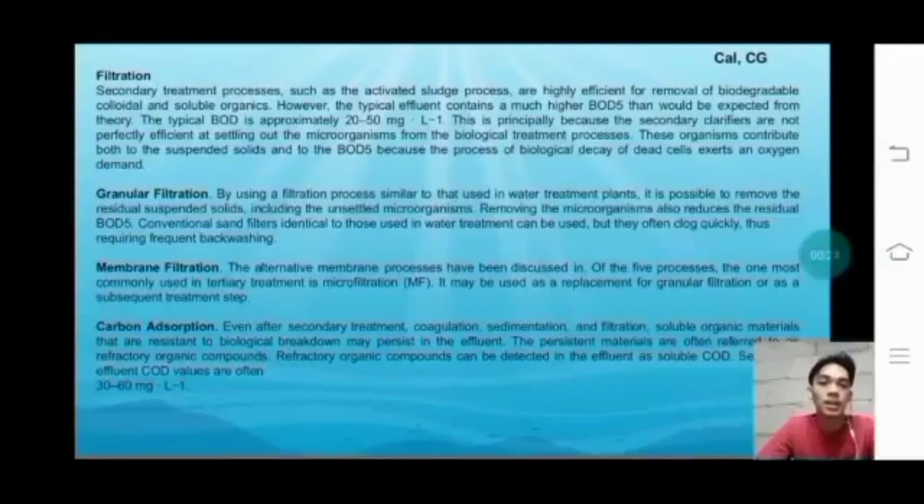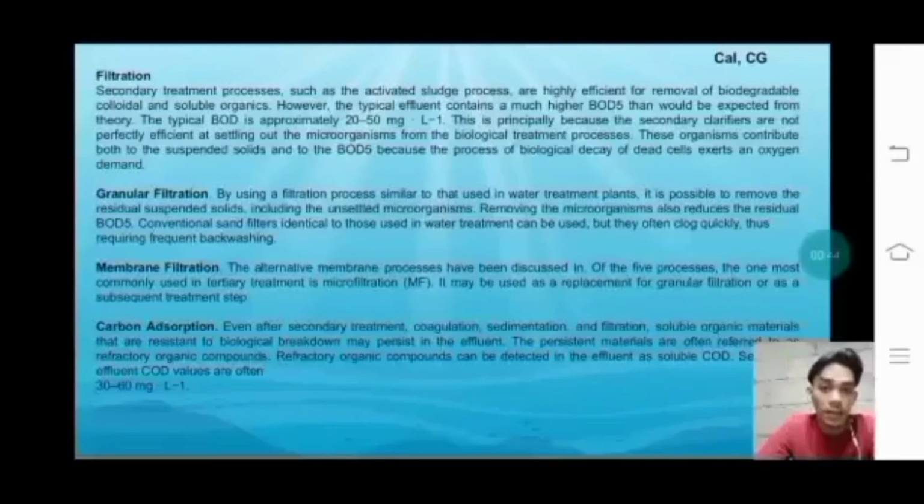So filtration is where, in the secondary treatment processes, the decayed sludge is removed from the water. This is principally because the secondary clarifiers are not perfectly efficient at settling out the microorganisms from the biological treatment processes.